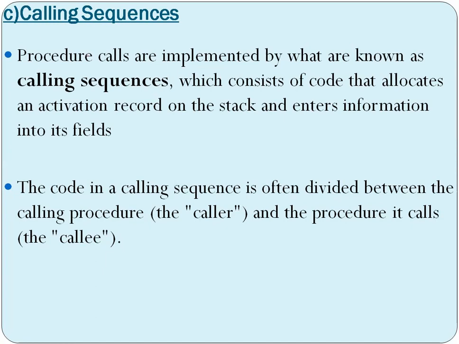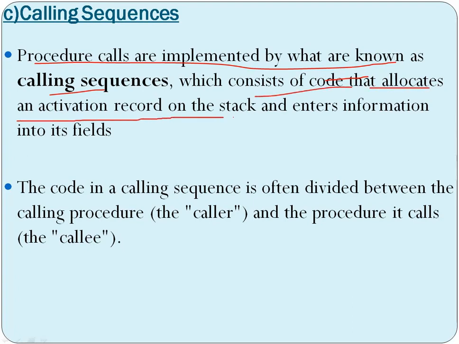Calling sequences. Procedure calls are implemented by the concept called calling sequences. A calling sequence consists of code that allocates an activation record on the stack and enters information into its fields. That means the calling sequence covers the creation of the activation record and updating the values in the corresponding elements.